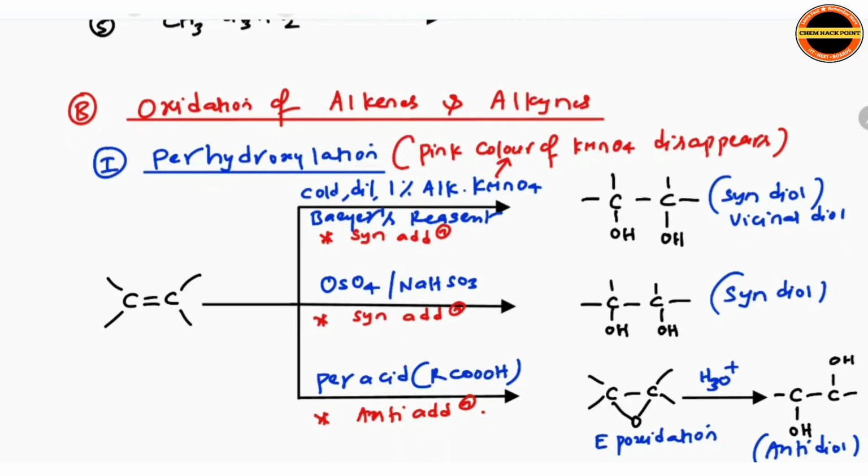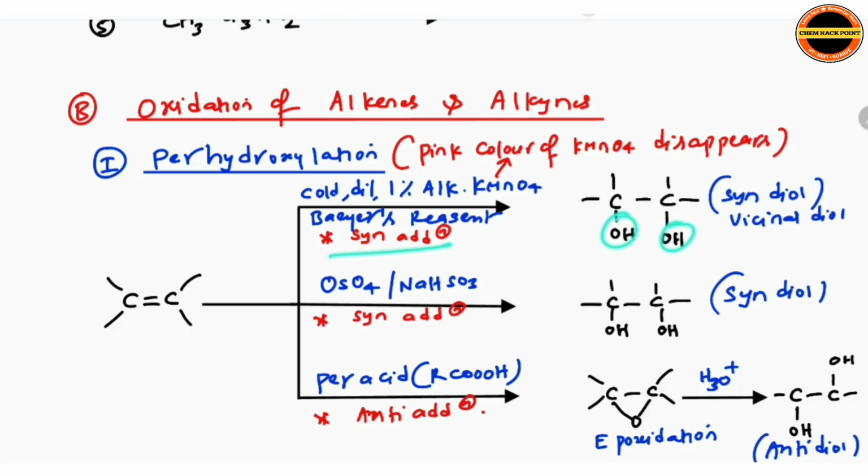See, I am taking here an alkene with cold dilute 1% alkaline KMnO₄, which is Bayer's reagent, which adds 2 OH groups according to syn addition manner. So you will get syn diol or vicinal diol, and same side OH groups are added to the double bond. That is called syn addition.